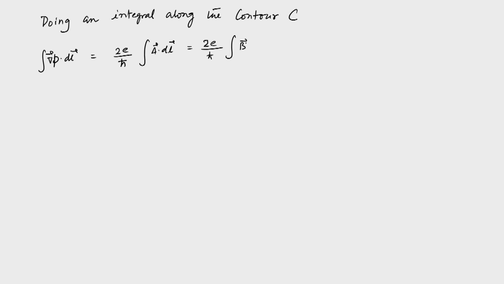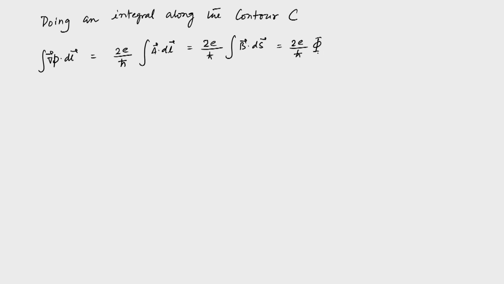Integrating along the contour C, we have the integral of grad phi dot dl. This is equal to 2e over h cross times the integral of A dot dl, which is equal to 2e over h cross times the integral of B dot dS, and this is equal to 2e over h cross times phi.